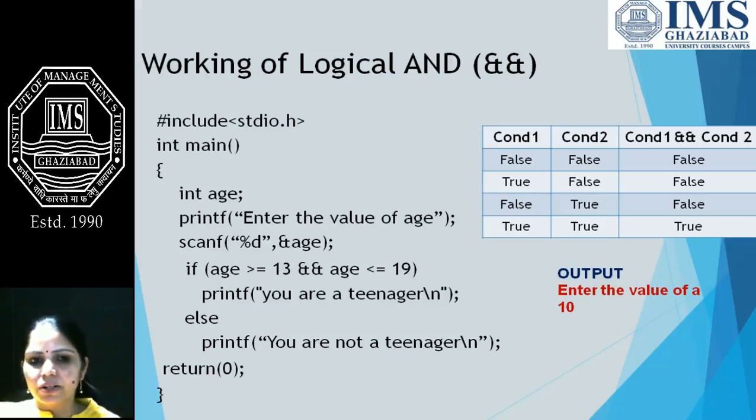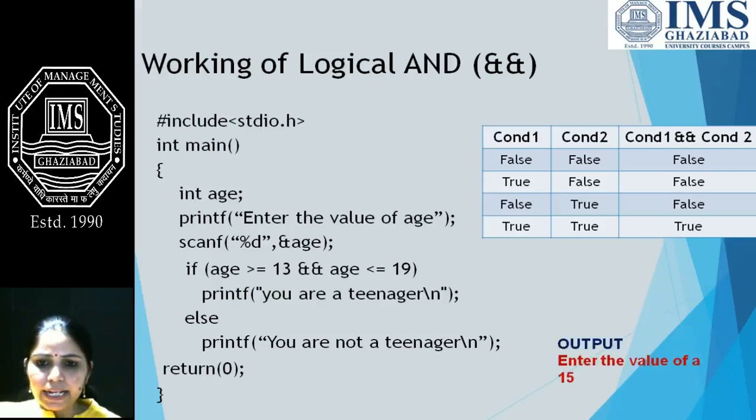This means it would print you are not a teenager. Both the conditions should be true for the output to be true. In next case, I have entered 15. Yes, the age is greater than 13 and this age is less than 19 also. So it would print you are a teenager.